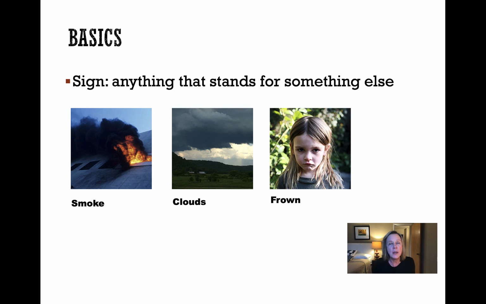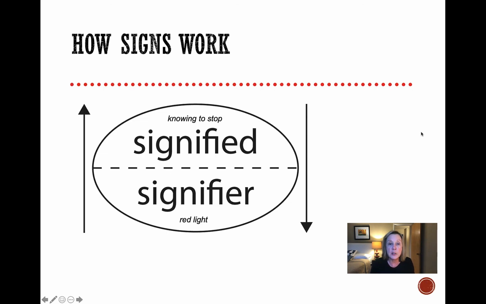Or like a dog, you're little, this dog is growling or snarling. You may not understand that that means the dog may bite you if you go closer to it. So a dog that's snarling or barking is a sign that you should stay away.